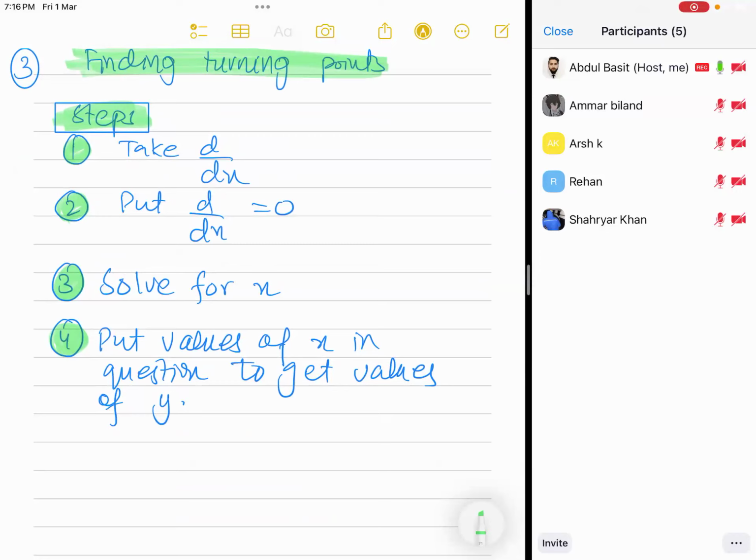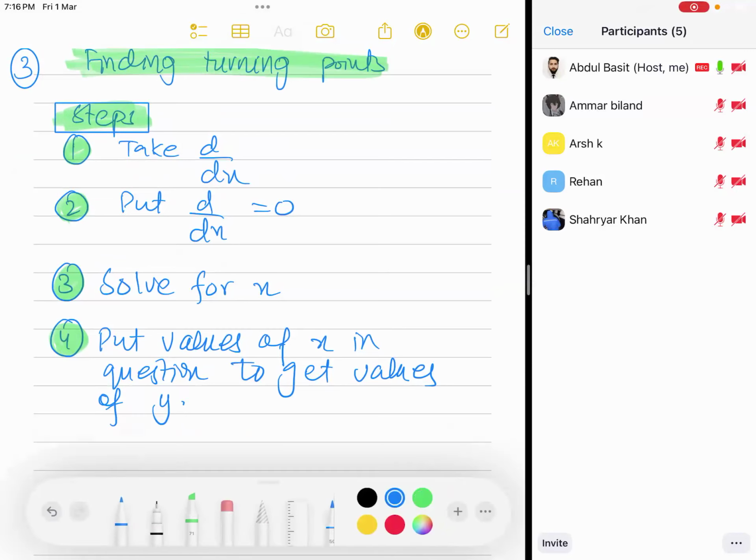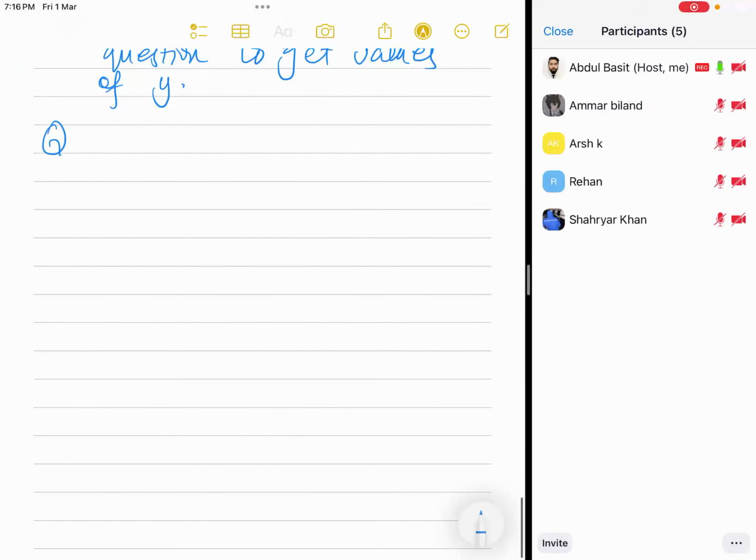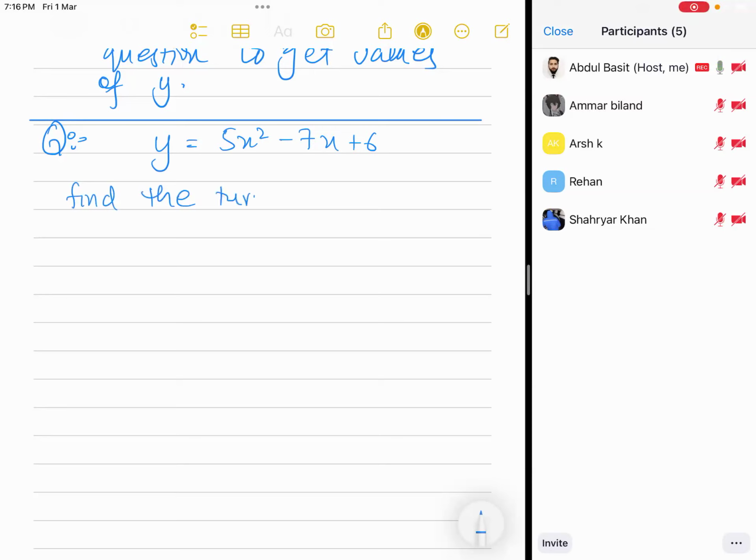For example, the question is y equals 5x square minus 7x plus 6. The demand of the question is find the turning points of the curve.